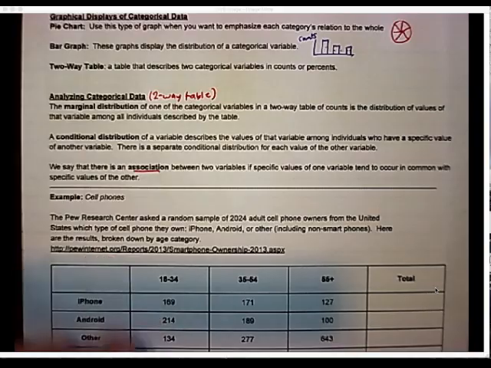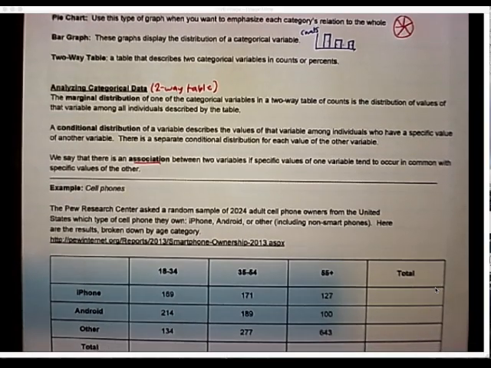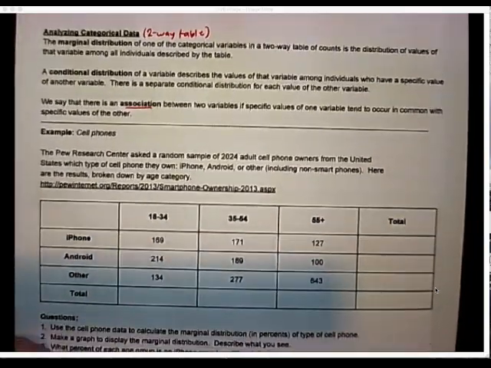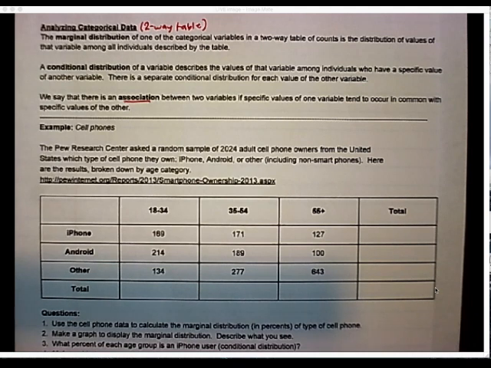So let's take a look at this example so we can understand these terms a little bit better. This example is called cell phones. It says the Pew Research Center asked a random sample of 2,024 adult cell phone owners from the United States which type of cell phone they own: iPhone, Android, or other. And other would include non-smartphones. Here are the results broken down by age category.